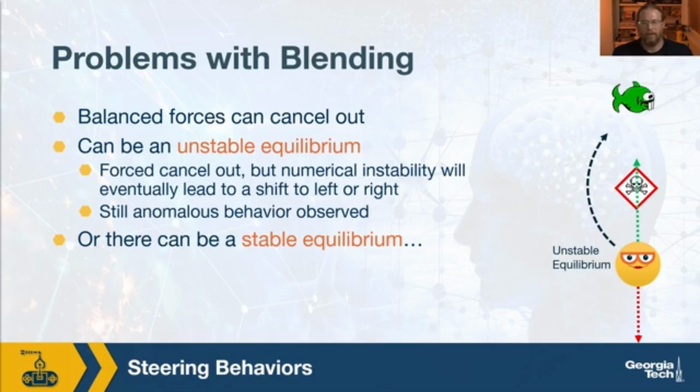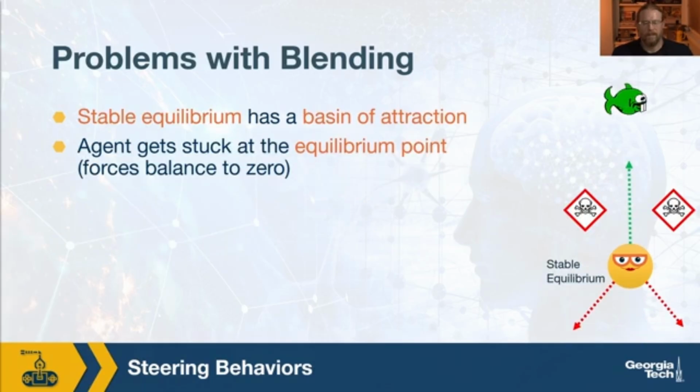But there's also stable equilibrium, and we can see this demonstrated in the next figure. So now we have two repulsive forces that the agent's trying to avoid, the two dangers. So we've got these two separate vectors that now stabilize against the potential for sliding to the left or right based on any sort of numerical accuracy induced instability.